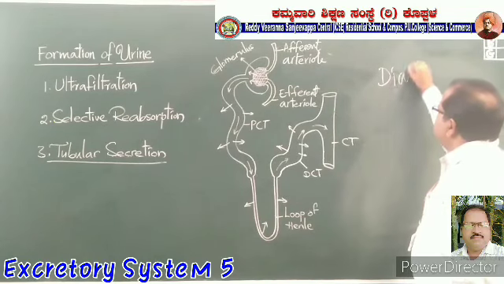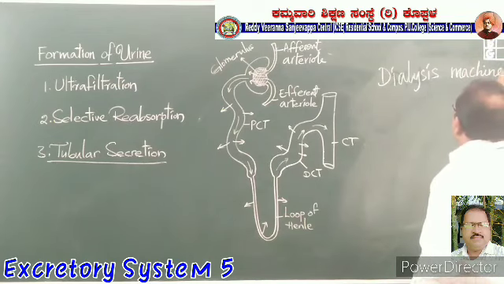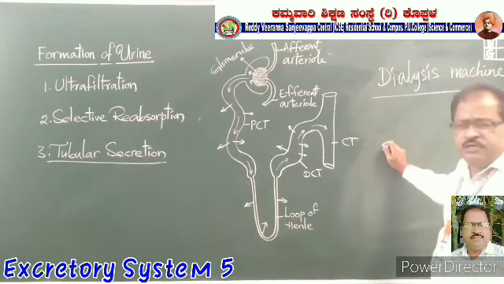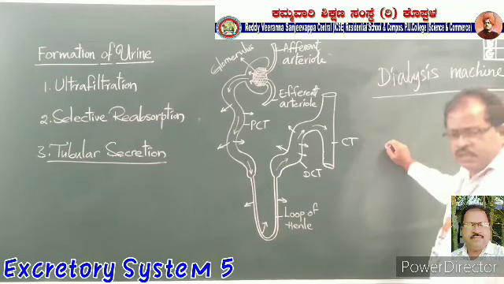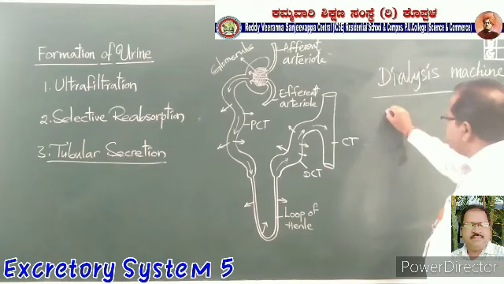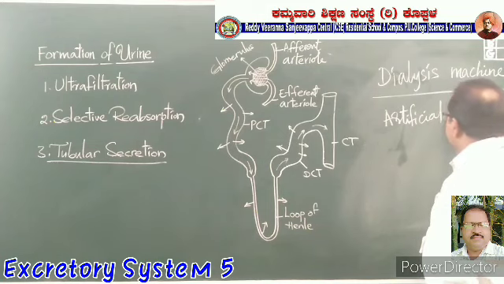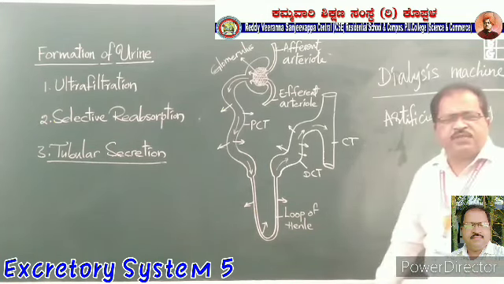a dialysis machine. This dialysis machine, actually this is not in your syllabus, but just for information I am telling you. This dialysis machine is also called an artificial kidney.